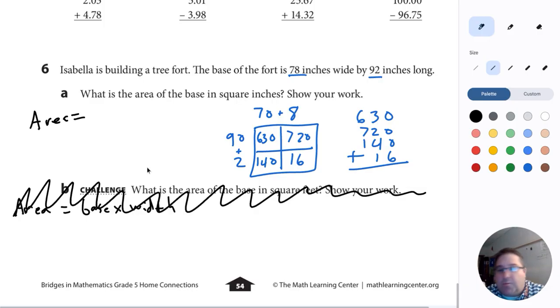I wrote base times width, and math terms are kind of universal. It's kind of the two sides, right? So width times length. All right, guys, if you have any questions, let me know.